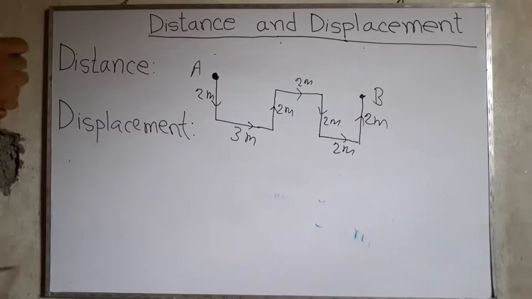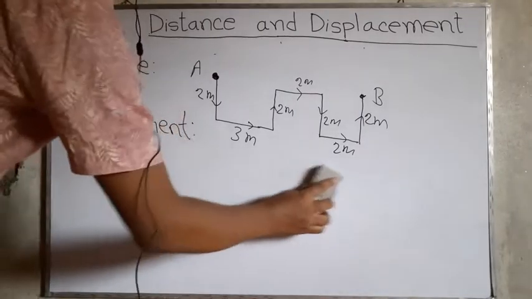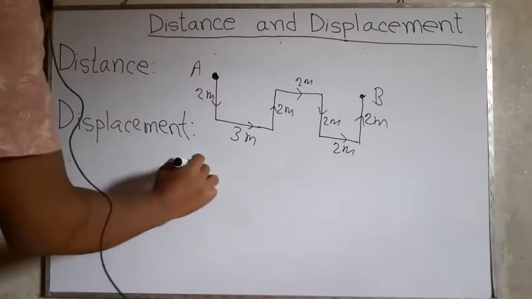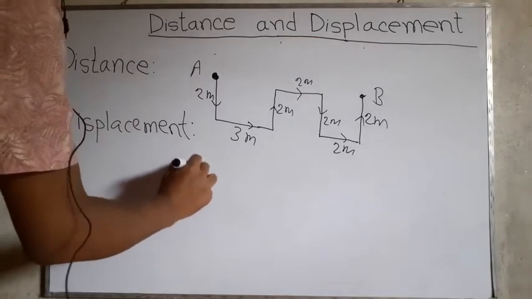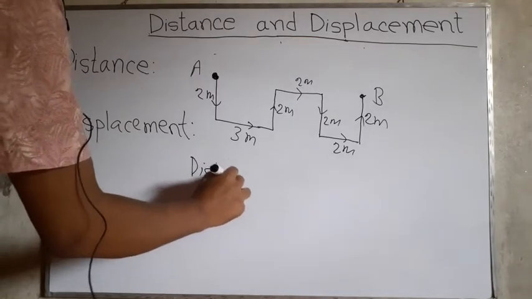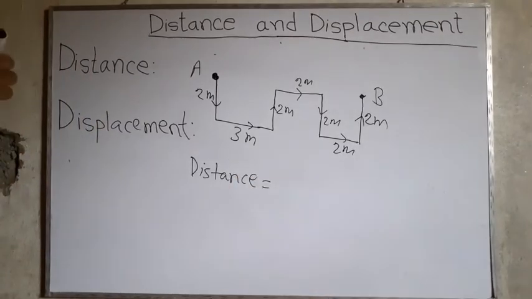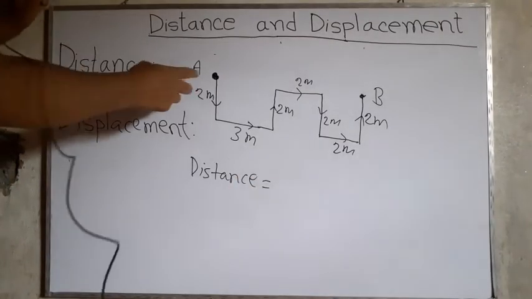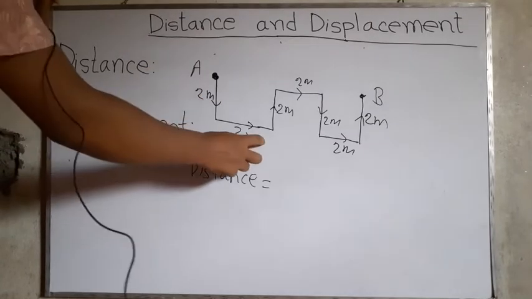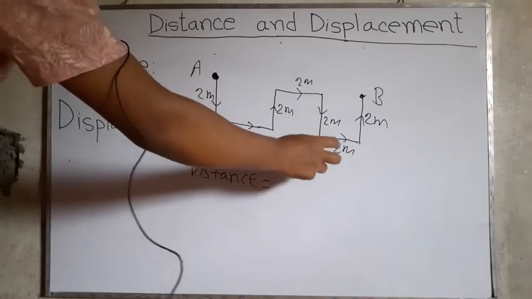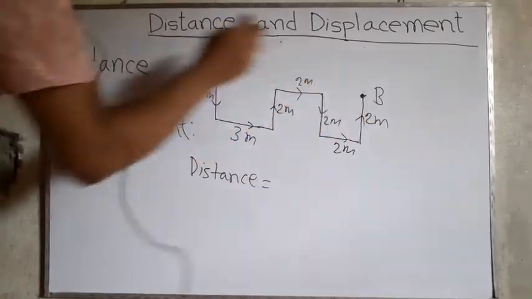We know distance is the total length of the path. Therefore, in this case, what will be the distance? Think it. Distance is equal to total length of the path, means at first 2 meter, then 3 meter, then 2 meter, then 2 meter, then 2 meter, 2 meter and finally 2 meter.